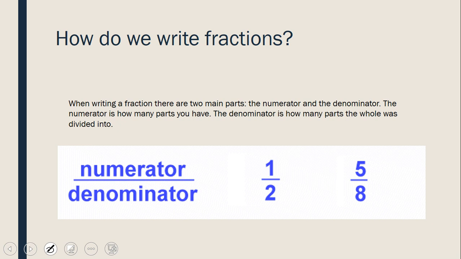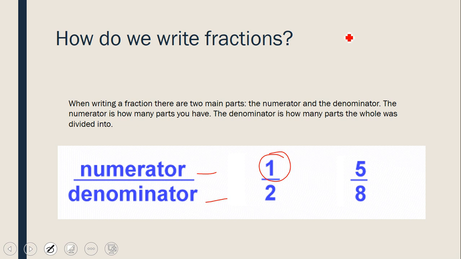The number at the top, we have 2 words basically. We have the numerator and the denominator. And the numerator is how many parts you have. So if you had a pizza and there were 8 slices, and you had 8 friends, and you each got 1 slice, then you would have 1/8. So the denominator is how many parts it was divided into.